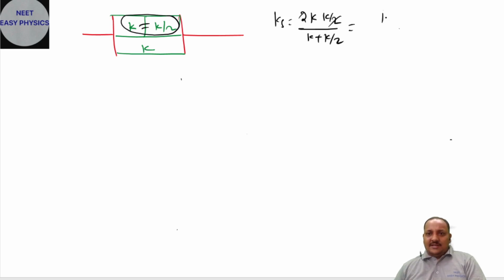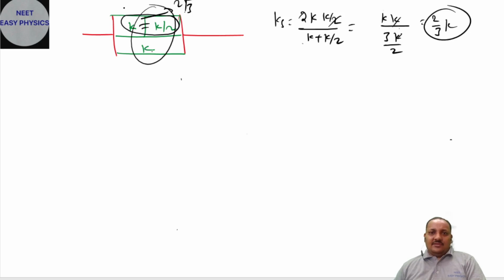So the 2 will be cancelled, K into K by 2 divided by K plus K by 2, that is 3K by 2. One K will be cancelled, giving 2K by 3. Now in place of this, 2K by 3 and K are again in parallel. Therefore the final effective dielectric is K plus 2K by 3, so 5K by 3. Like this you can solve problems whenever they give effective dielectric combinations.